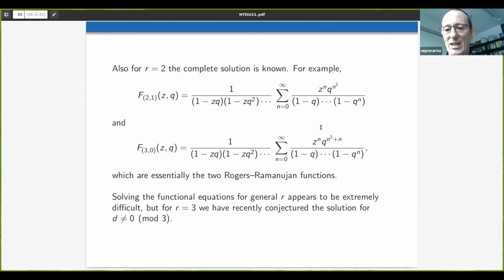If you send z equal to 1 and you drop this prefactor here, which is just like a Dedekind eta function, you have recovered these Rogers-Ramanujan functions. So these functional equations really allow you to find these Eulerian forms for these cylindric partitions and therefore for these branching functions of these affine Lie algebras.